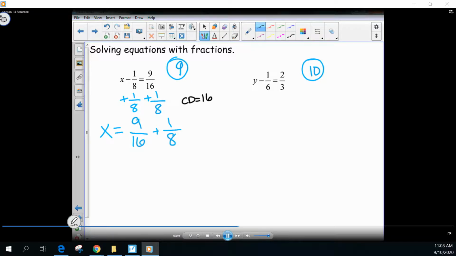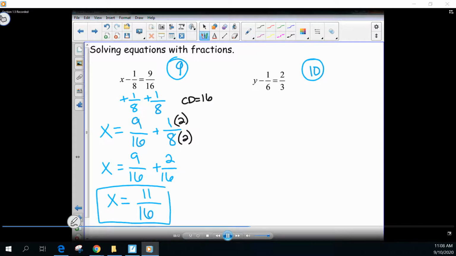So I need to take 1/8 times 2. So now I have x equals 9/16 plus 2/16. So 16 is my common denominator, and 9 plus 2 is 11. So x equals 11/16.